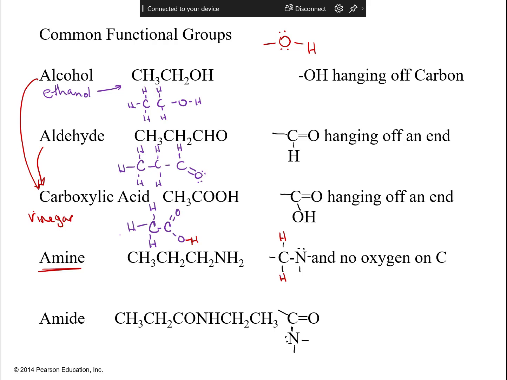If the carbon does have a double bonded oxygen, then instead of being an amine, they call it an amide. So the A words, those are the nitrogen groups. If it's just a nitrogen with no oxygen, it's an amine. But if you see a nitrogen with the double bond oxygen connected, that's an amide. Amides are in proteins. Those are the peptide bonds, the bonds in proteins. They're amide bonds.